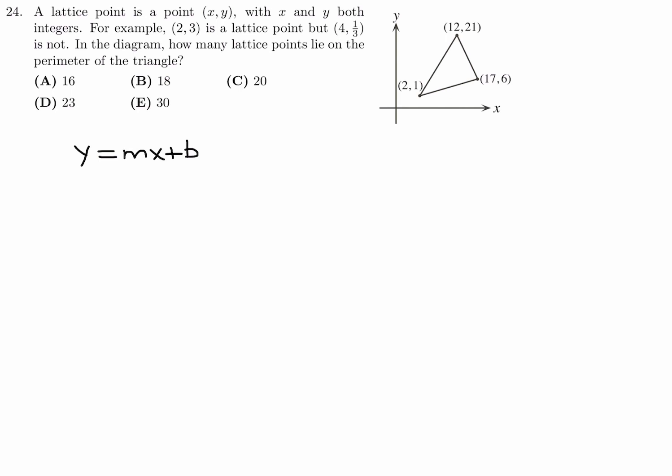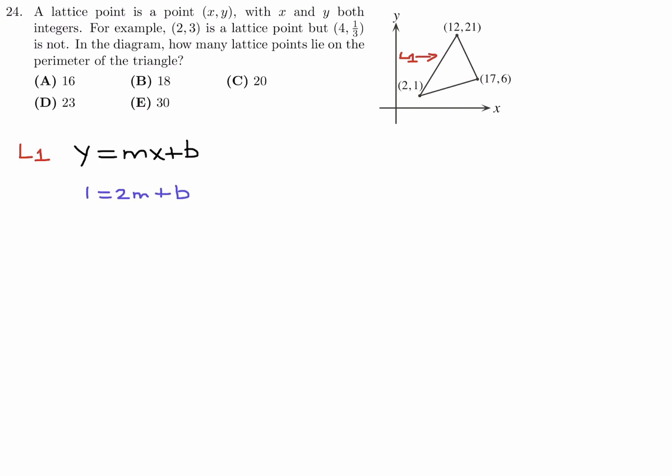which I can call this line right here, I'll just call that L1. So that first one, L1, let's figure out the equation. We have 2 points, so I can just plug those 2 points in. 1 and 2, so 2 equals m plus b.